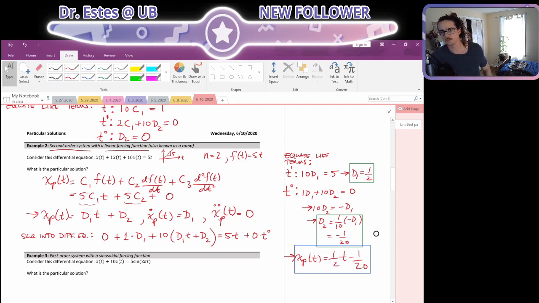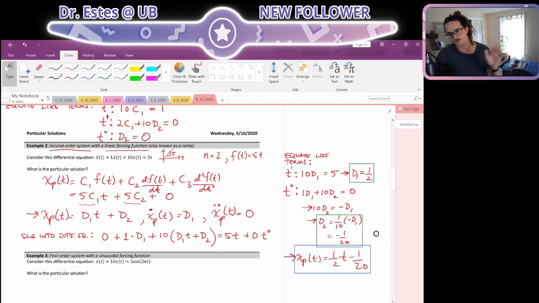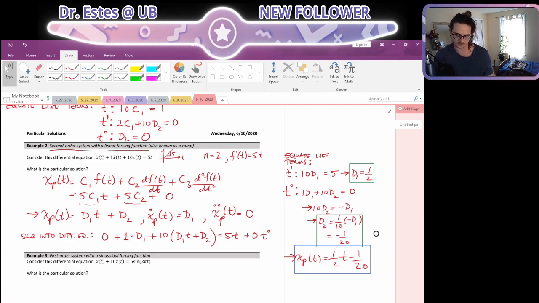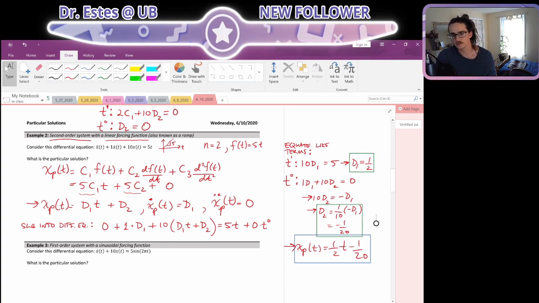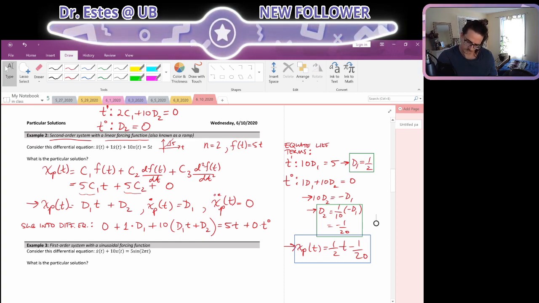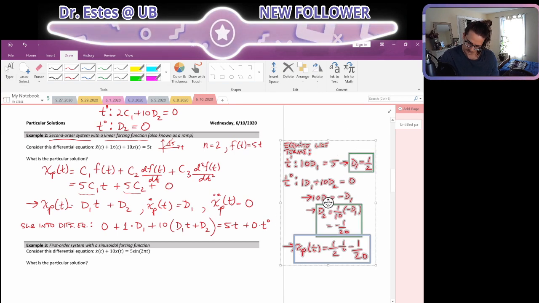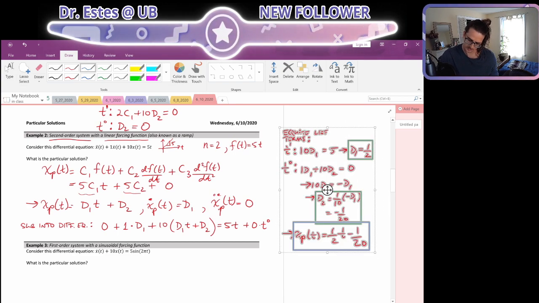Now this isn't the complete solution. We're not even worrying about the homogeneous stuff yet. We're just solving for the particular solutions. Let's do another one. Let's scoot this up a little bit.